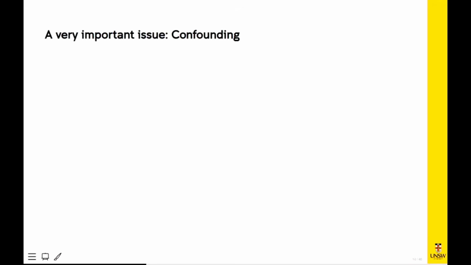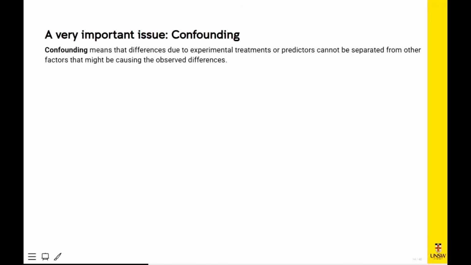Now, a very important issue when you are designing your research studies is confounding. And confounding means that there are differences due to experimental treatments or predictors that cannot be separated from other factors that may be causing the observed differences.